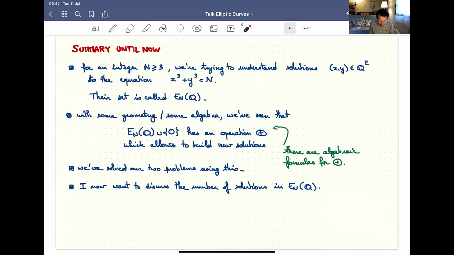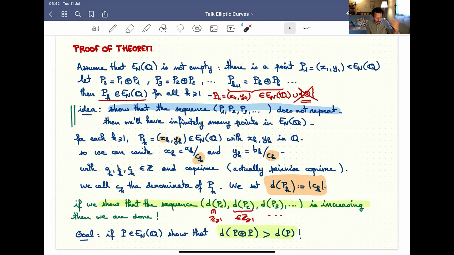So this is how the proof of the theorem works, the theorem that says that if you have one solution, then you have infinitely many. You show that the sequence of denominators is strictly increasing, which, if you do this computation on a computer or on a calculator, is very clear.